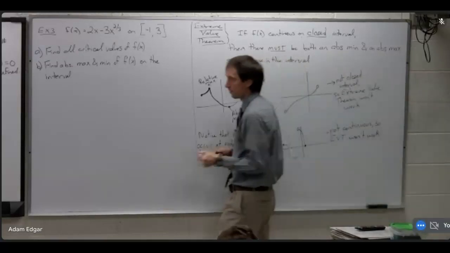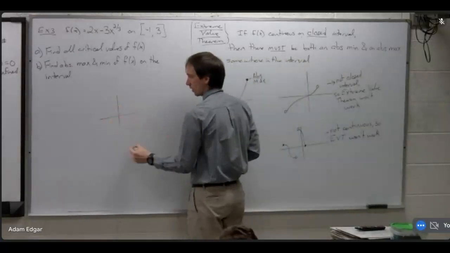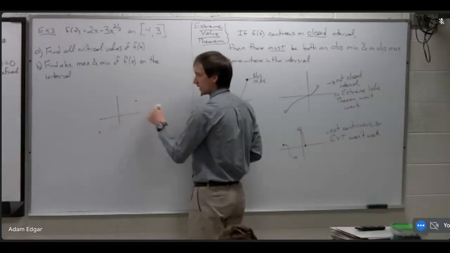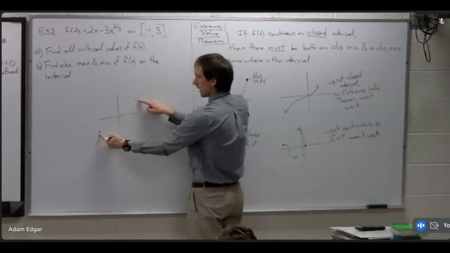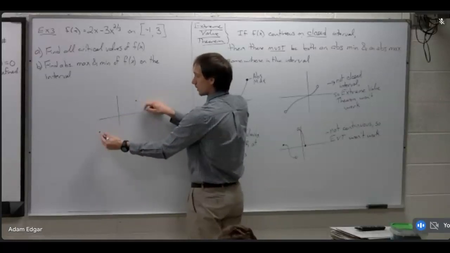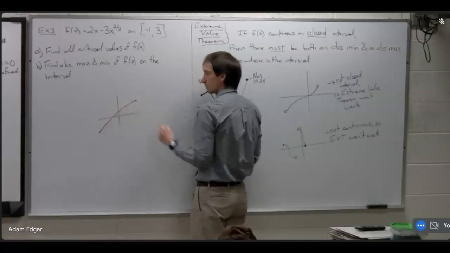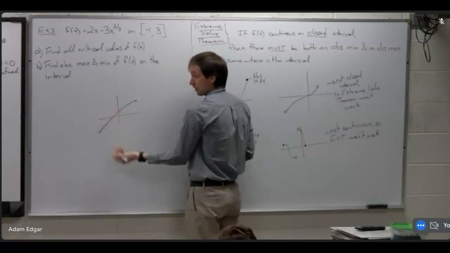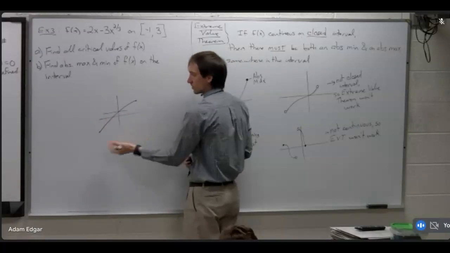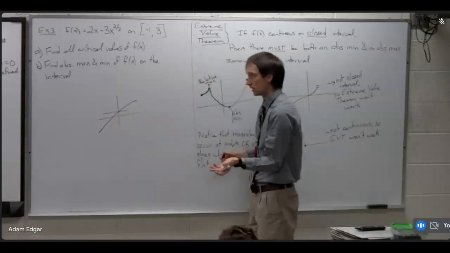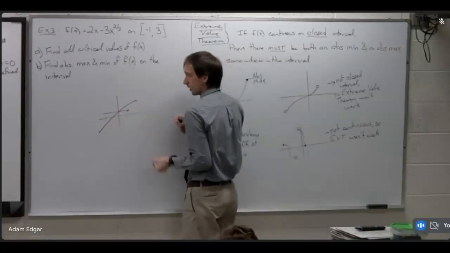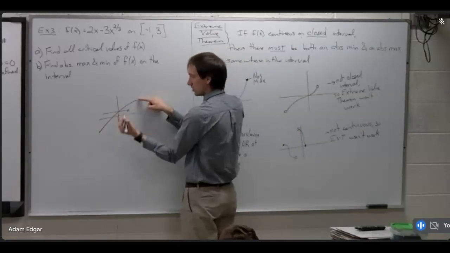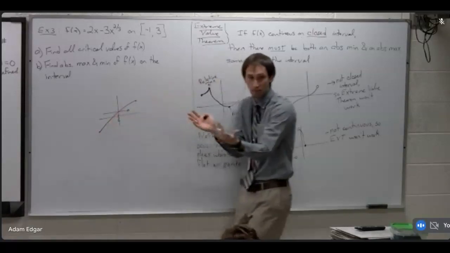Remember, it said if you have a curve on a closed interval, so we have a definite beginning and a definite end, and the beginning and end are at different heights, and the curve connecting them is continuous, then for any intermediate height between them, there's an x value where the curve takes on that height. So for a height, say right here, there has to be an x value, call it c, somewhere in the interval where it happens. That was your intermediate value theorem.